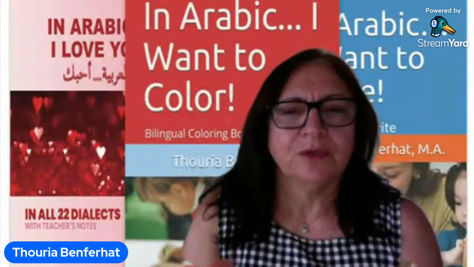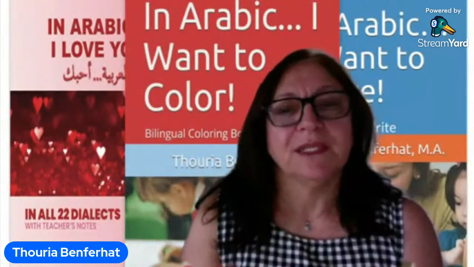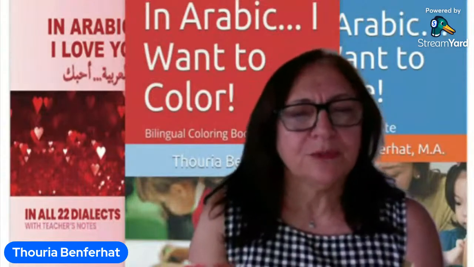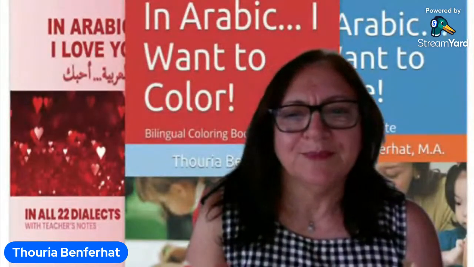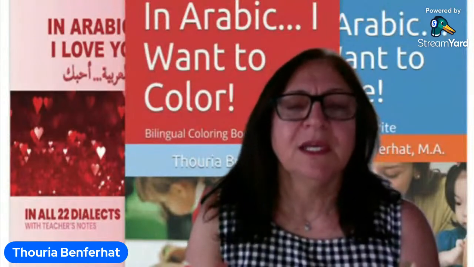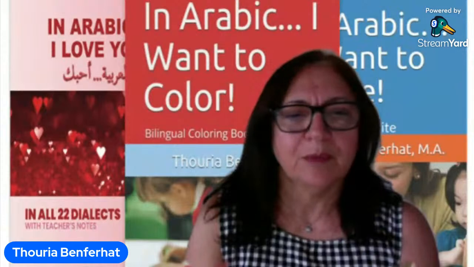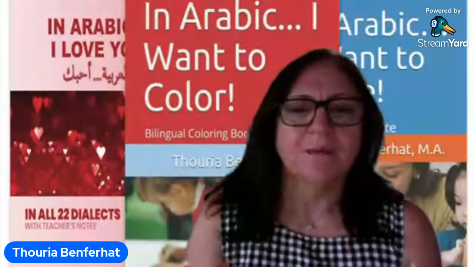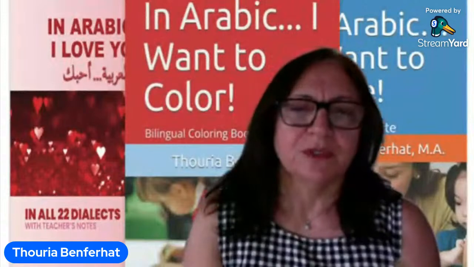And now you're wondering, why do we have these short vowels if we're not using them? Well, we don't use them in newspapers or books that grown-ups read. However, they are used in religious texts like in the Quran or the Bible or the Torah, because it's very important to pronounce those scriptures properly.